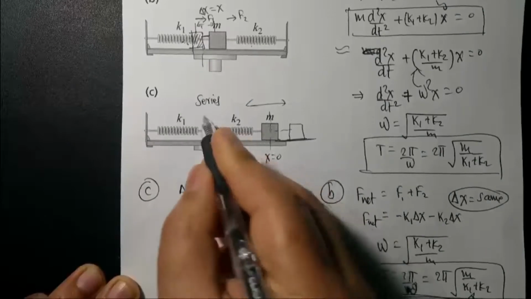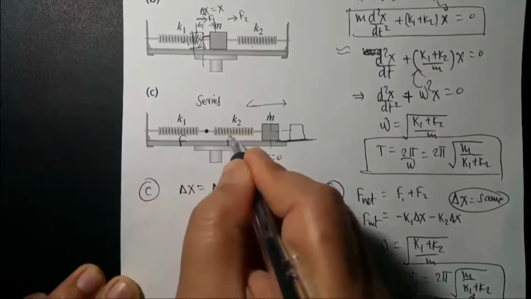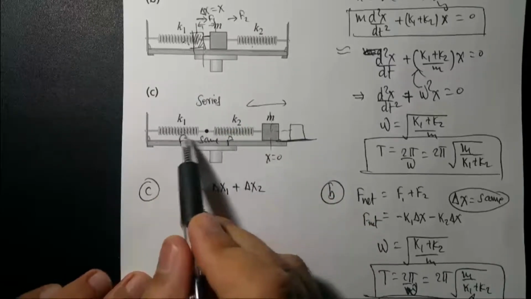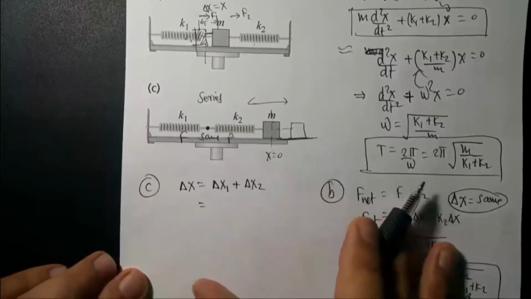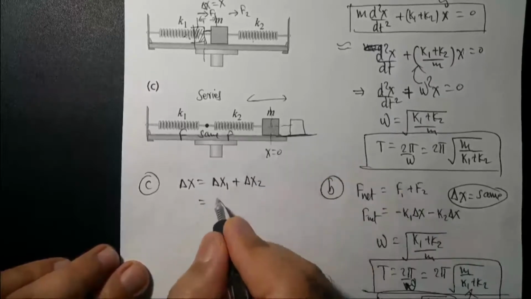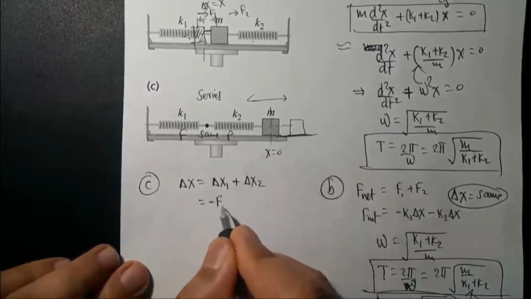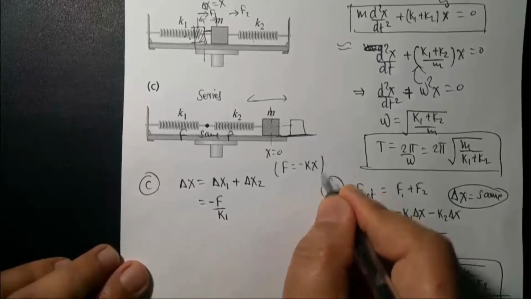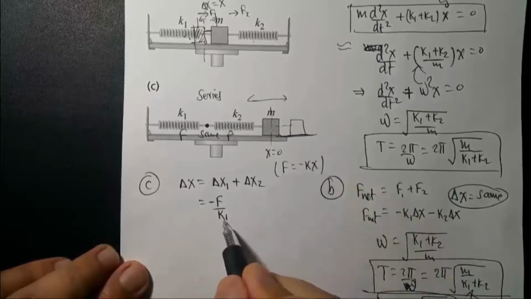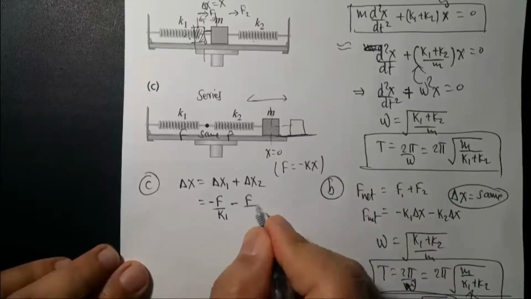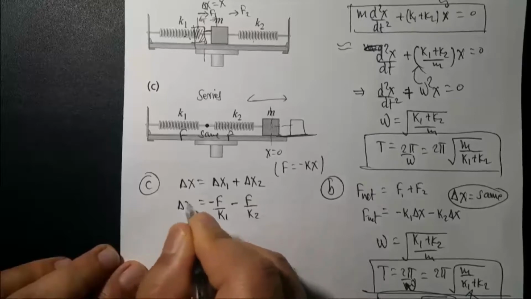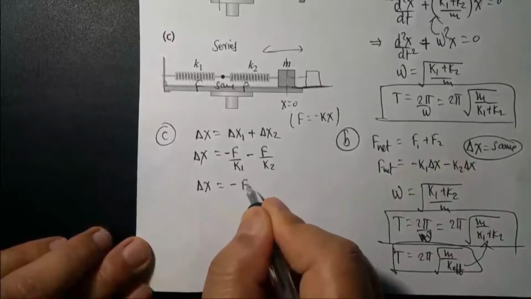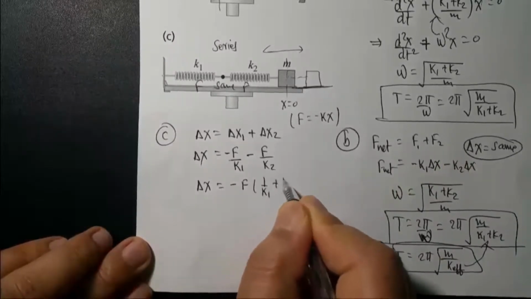Since they are in series, the force is the same, because they must exert exactly the same spring force on the mass. Since spring force is negative kx, x is force over k. So delta x is negative force over k1, plus negative force over k2. The negative force is common, so delta x is negative F times 1 over k1 plus 1 over k2.